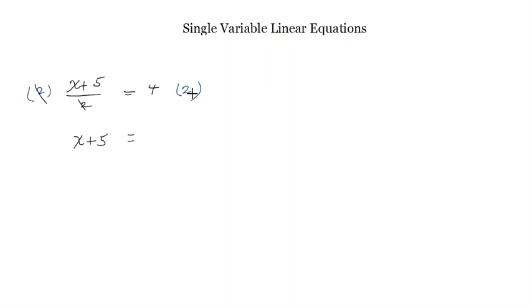And then over here, I have 2 times 4, which is 8. And of course, from here, I can handle this very easily. I can transpose this. So I get x is equal to 8 minus 5. And so x then is equal to 3.